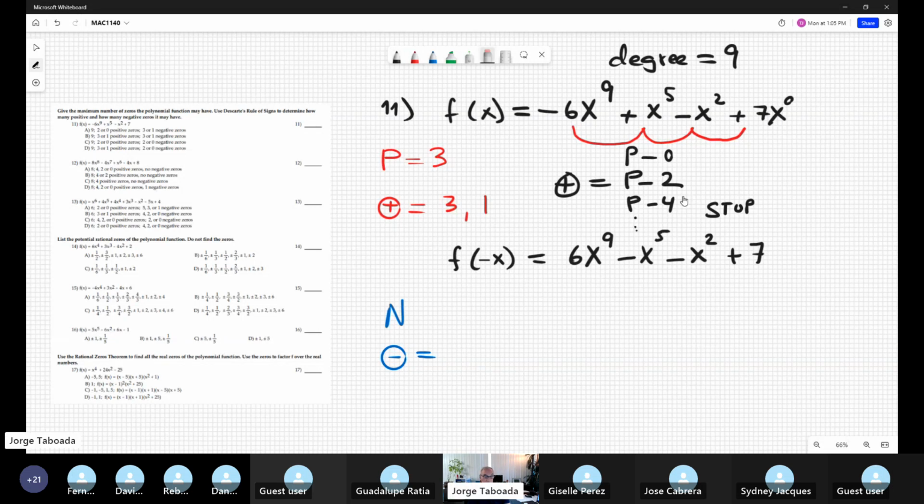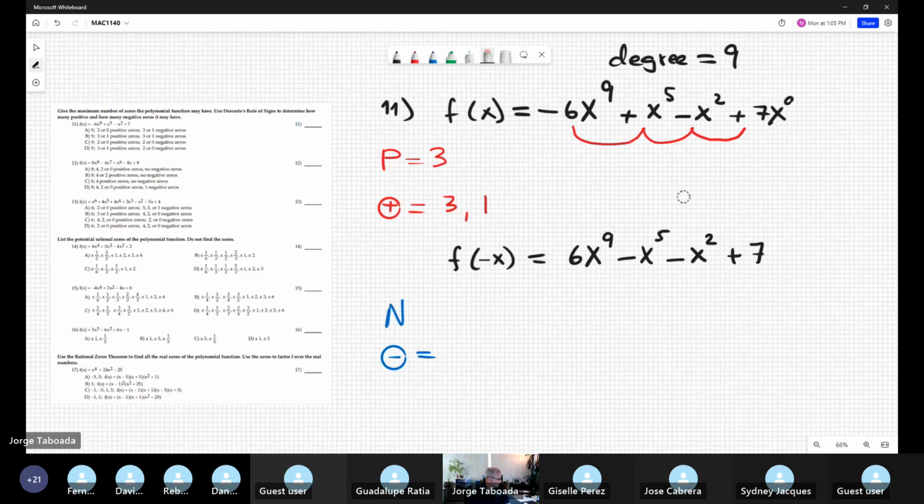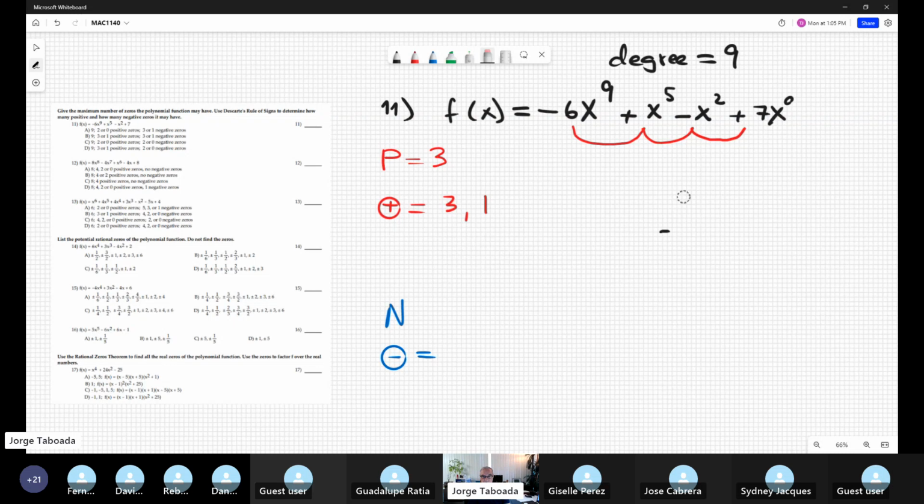I suppose that I don't explain very well. Okay, look, it's easy. The thing is super easy, but it's weird. Okay, take a look. Descartes says, not me: to find the positive, you take P minus 0, P minus 2, P minus 4, P minus 6, until you stop when this number is negative, because it has no sense.